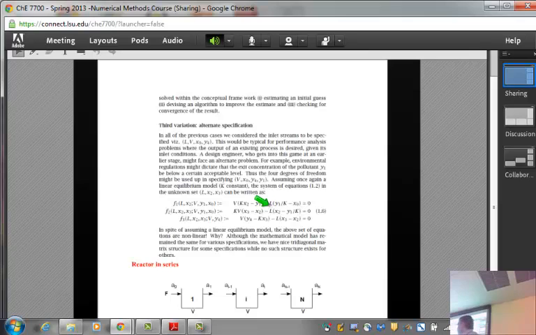A0 is the inlet composition, I know that. Feed, I know. And V, the reactor volume, I may know, I may not know, depending on the specifications that I have. So once again, I need to write the mass balance equation for each reactor. I will get one equation, and I will need a phenomenological model that will tell me how fast that reaction is taking place, the rate of reaction.